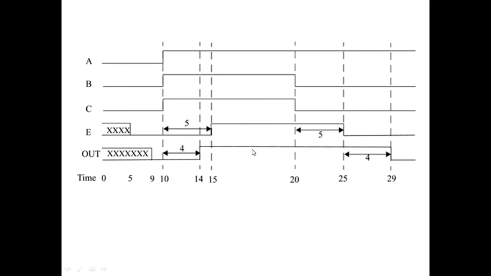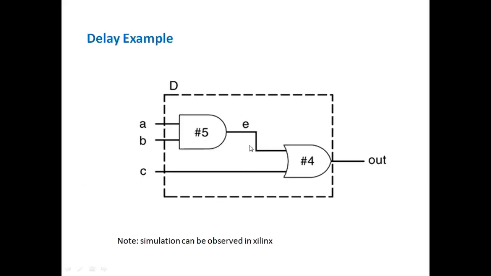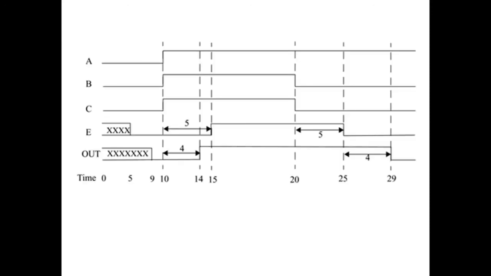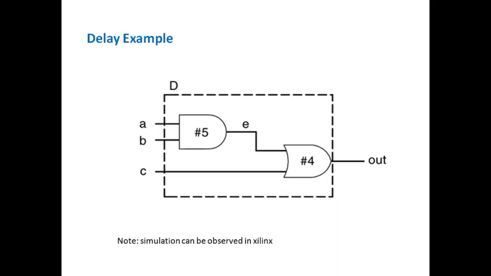Now, can I say that up to the first 5 seconds the output of the AND gate is unknown? Yes, up to 5 seconds the output of your AND gate is unknown. Next, the output of my OR gate is unknown up to 9 seconds.